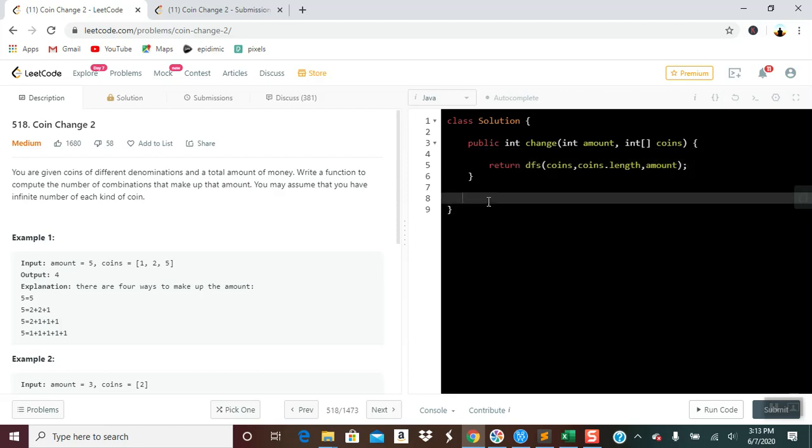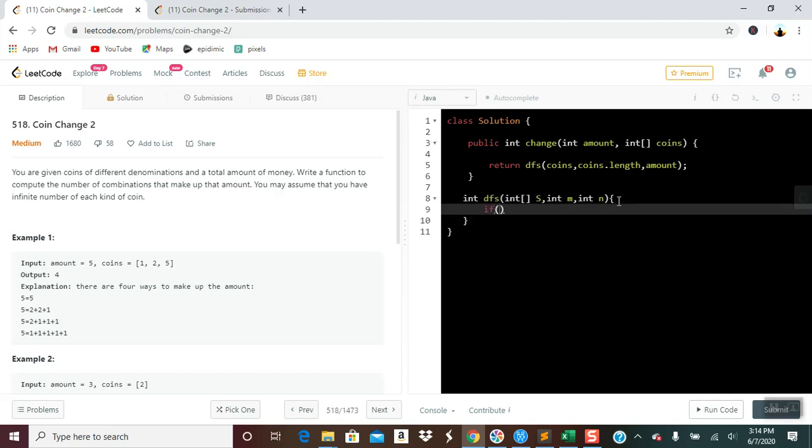You can write a helper function here, with an array of coins, the length, and the total sum amount.